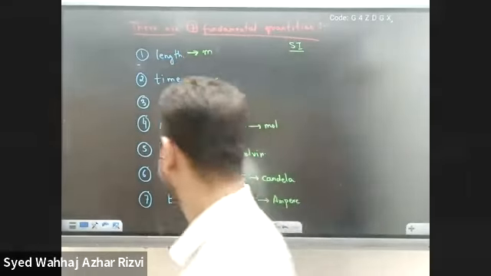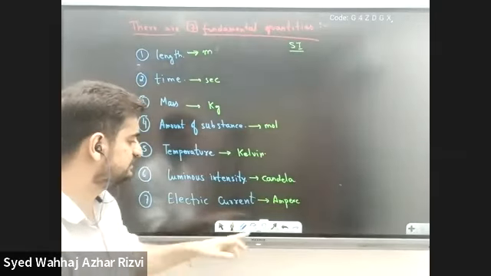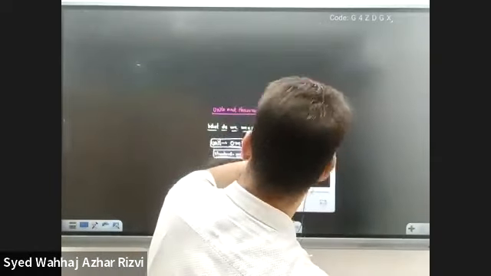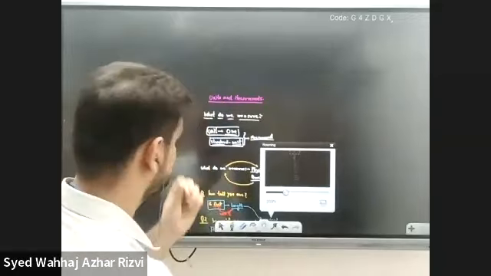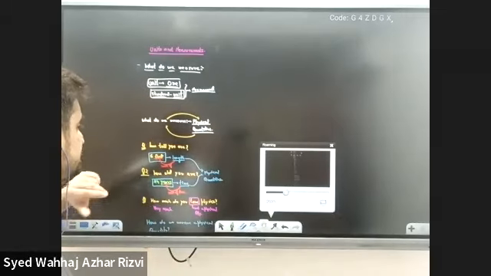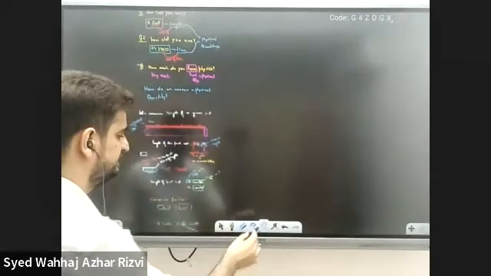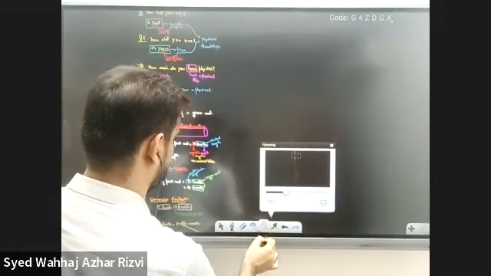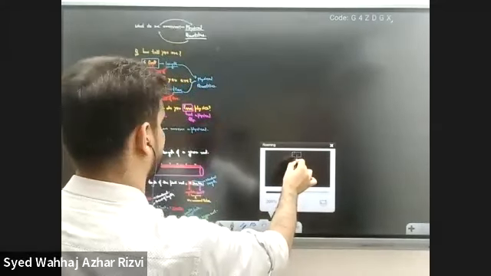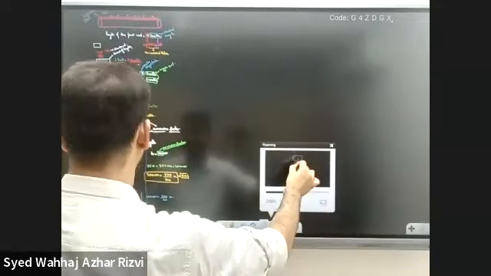We have studied about length, time, mass. We have studied about physical quantities. So in this class, we have actually discussed many things. We have discussed units, measurements, what are physical quantities, and then we studied about different types of physical quantities. Then we studied how we measure things and what are the units and what is the meaning of standard units.